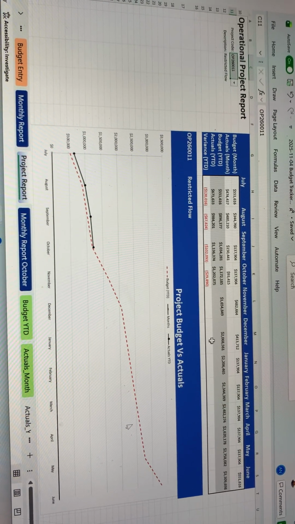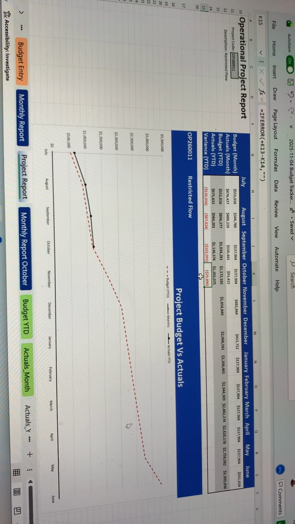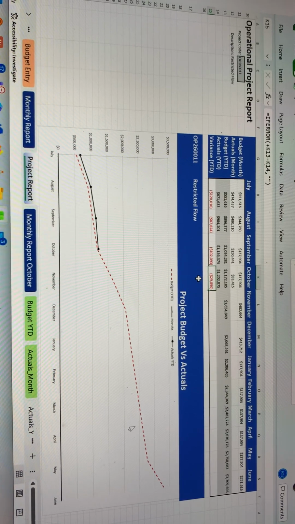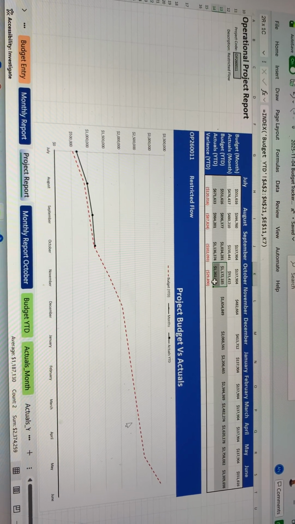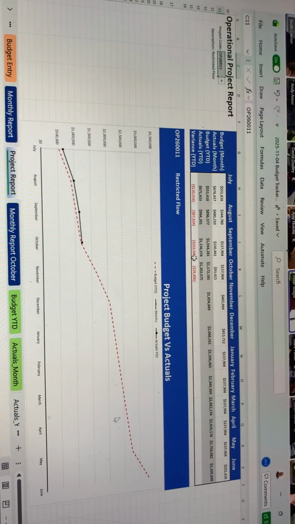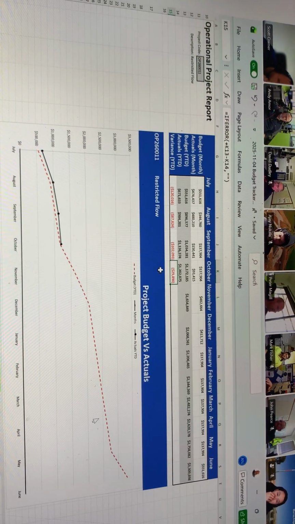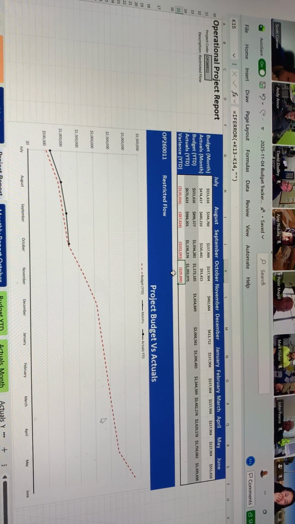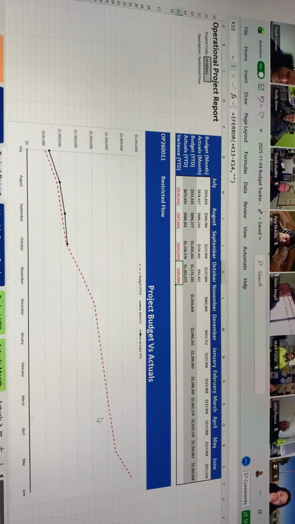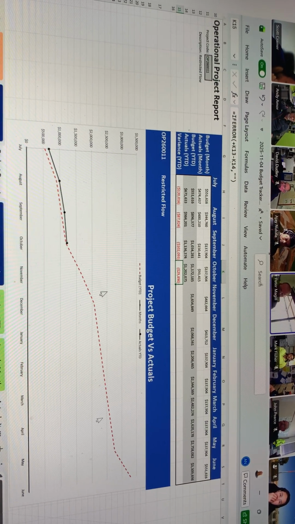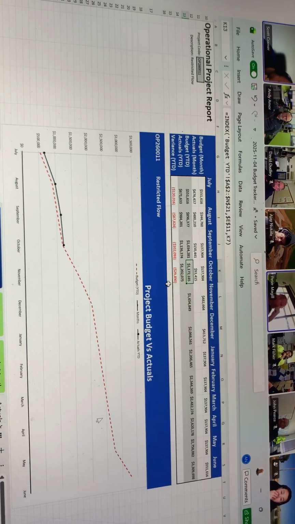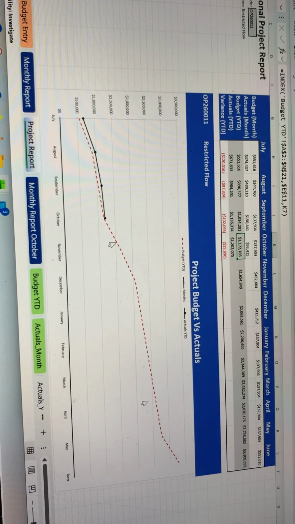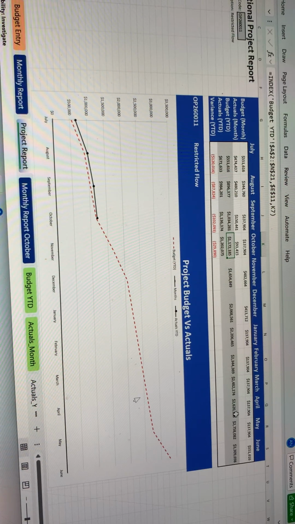Restricted flow. Overspent by 30 grand. Pretty close though, about $1 million. Overspent. Yeah. Really? We've got a budget of 100. So the year-to-date budget is, this one is not linear.